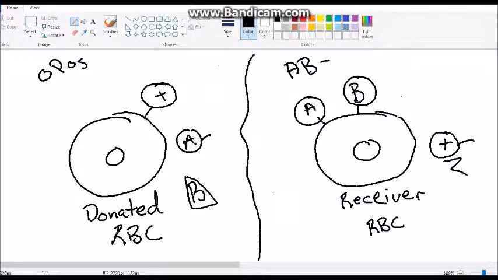So there may as well be them there, but it's semantics. So this reaction wouldn't work well because the donated positive antibody would attack the antigen for the O positive. But what if we got rid of the positive and we made it O negative?